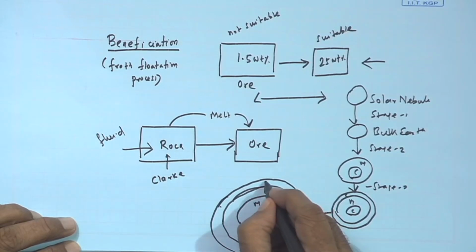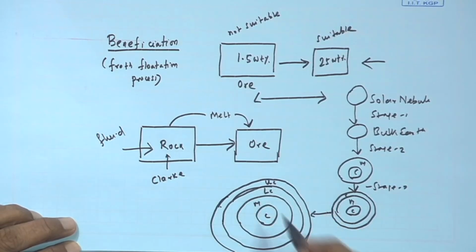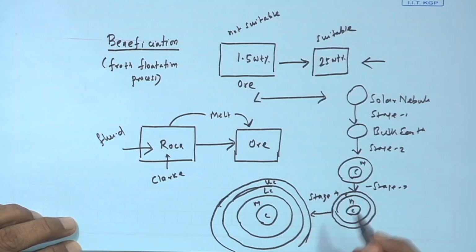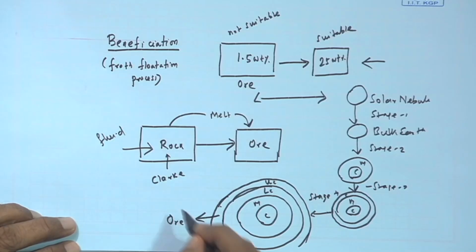So, this is the lower crust, this is the upper crust. So, ore deposit, this could be a stage 4, and from stage 4 we do get the ores. So, that is our stage 5.